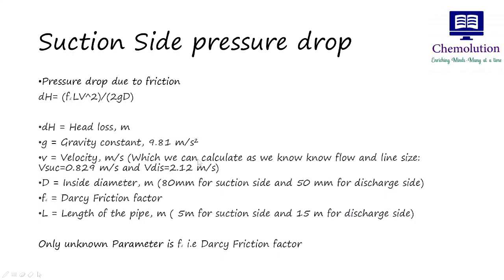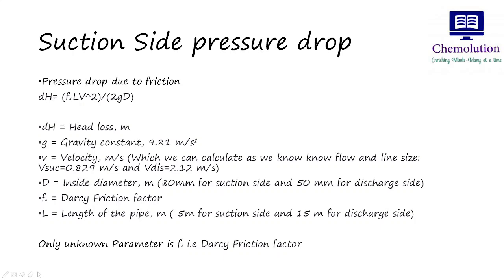Similarly, we have considered 2.5 meter per second as a preliminary velocity, and then we calculated area for the cross section, and with the higher size, if you back calculate the velocity, it will come out to be 2.12 meter per second. So here you don't have to do anything, you just have to back calculate velocity from the selected diameter, which is 50 mm and 80 mm, and you know the flow of 15 meter cube per hour. So these are your velocities.